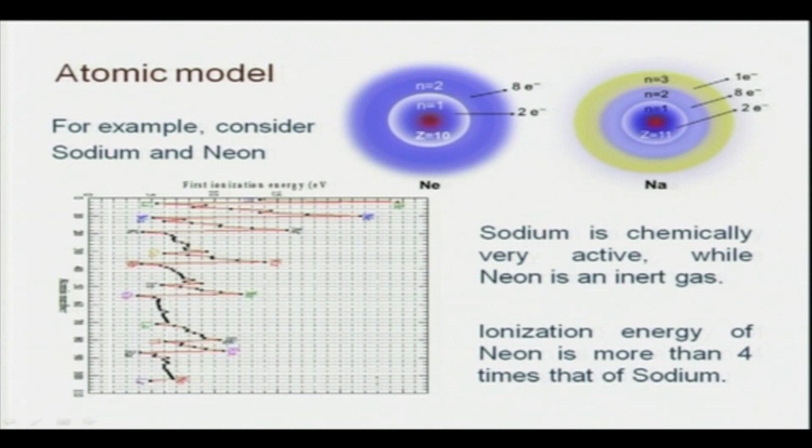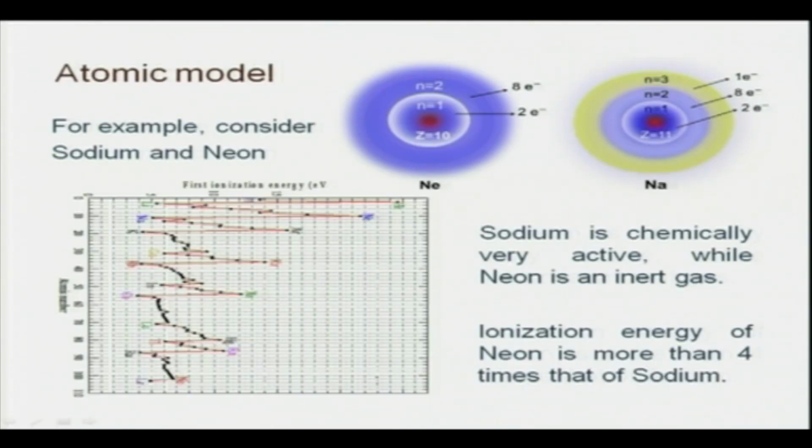Then lithium has very small ionization energy, about 5 electron volts. It has only one extra electron compared to helium. Then when it comes to neon, which has n equal to 1 as well as n equal to 2 completely filled, it is again more than 20 electron volts. And then the next element, sodium, has very small ionization energy, 5 electron volts.